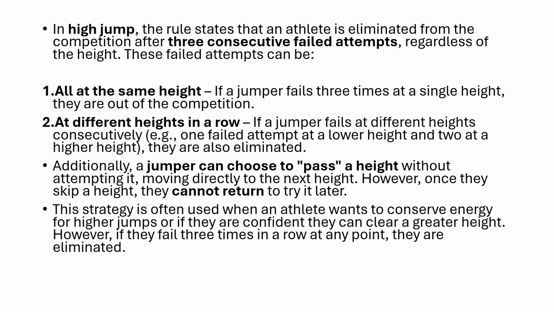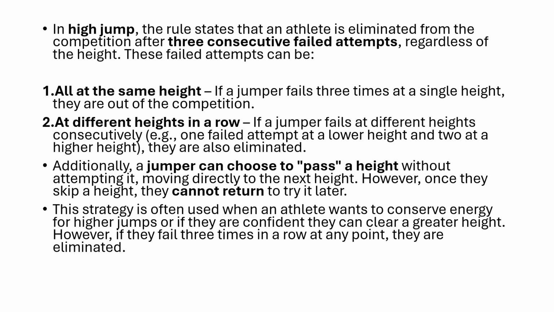Suppose a jumper starts at 1.8 meters and he clears it, and let's assume that the next height is 1.85. He's supposed to clear the 1.85 meters. However, he can decide to pass that height and move on to the next one, which is 1.9 meters. That is possible.